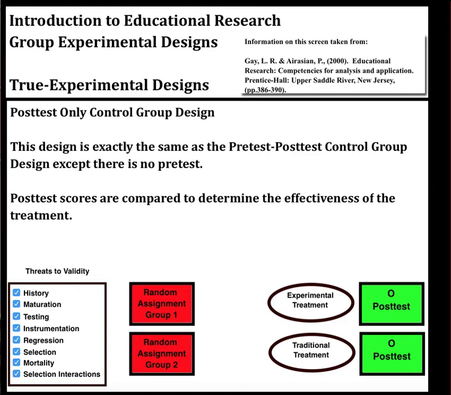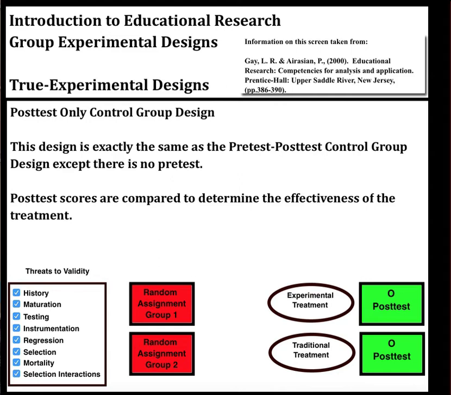Due to the random assignment to groups, basically assuring that both groups are equivalent, and the presence of a control group, that's the group that gets the traditional treatment, these factors serve to control for all threats to internal validity. And you'll notice in the box at the bottom left corner, all the threats are checked. That means they're controlled for.